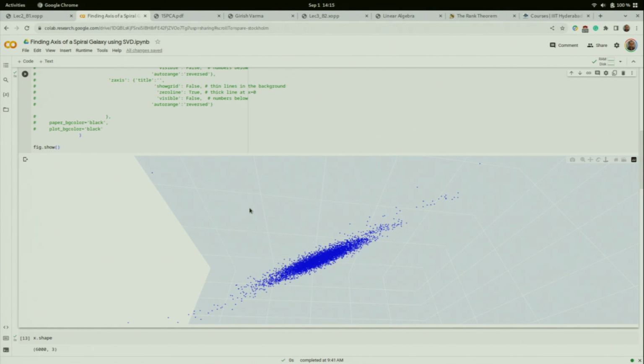So, then we need to find a coordinate system for this data, such that we would ideally like to have an ordering of these coordinates x, y, z, such that x is the most important axis, where the maximum variation happens along x.